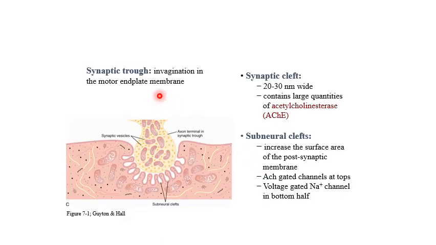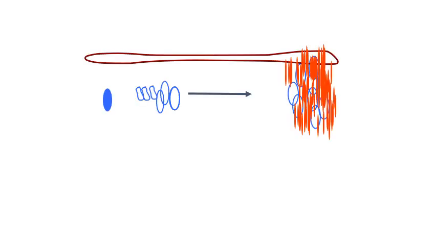So you must know these: what is the synaptic trough, the invagination in the motor end plate, and then the synaptic cleft. It contains acetylcholinesterase enzyme which would further degrade acetylcholine, and then the subneural cleft. These are the subneural clefts.